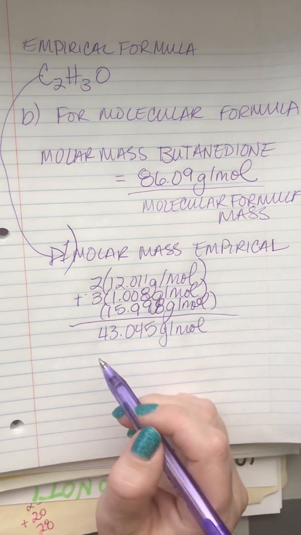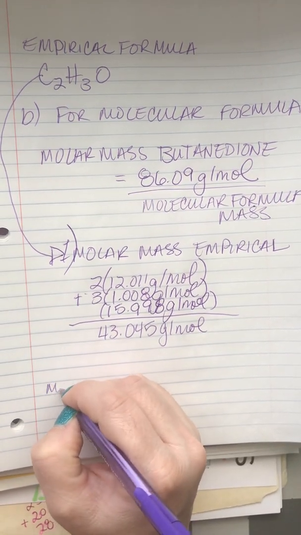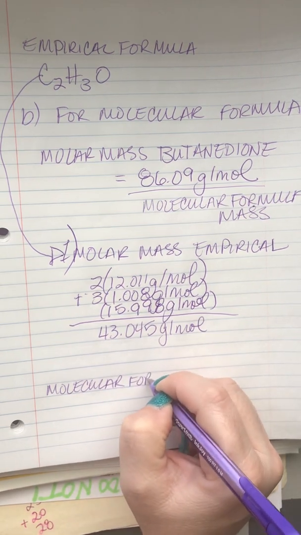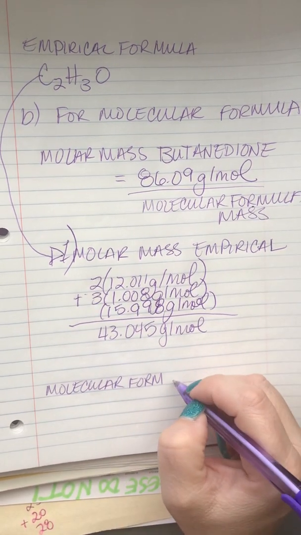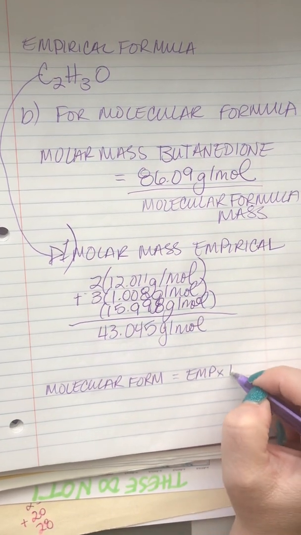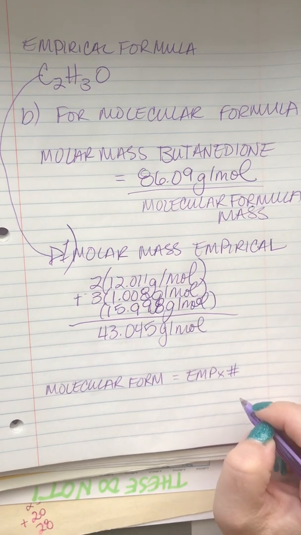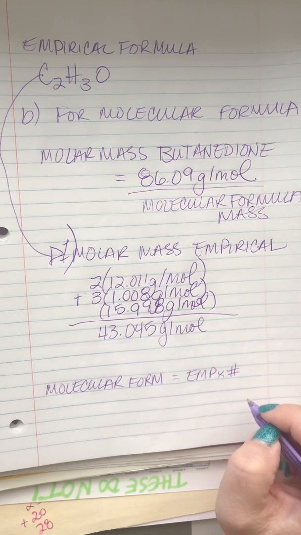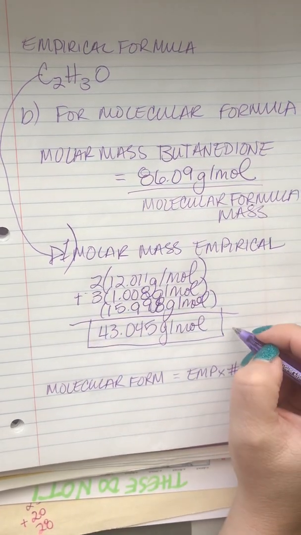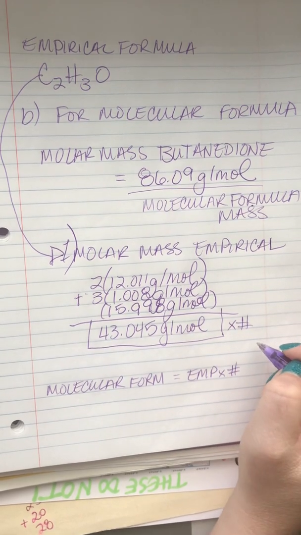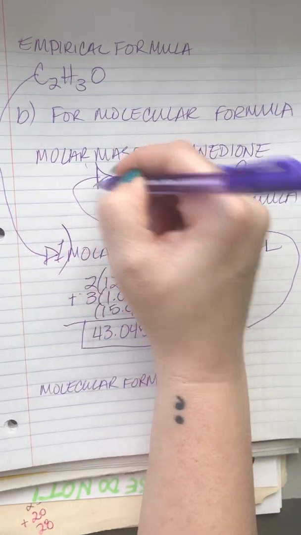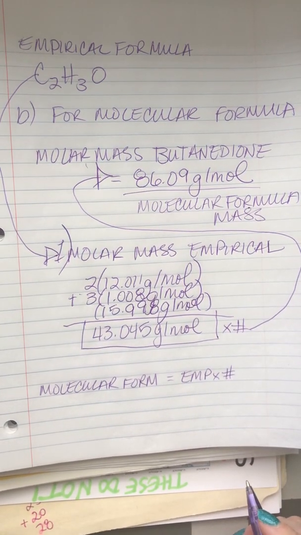So, if we know that the molecular formula is just the empirical formula times some integer value, then what we need to figure out is what number we multiplied this by to get this. 2.